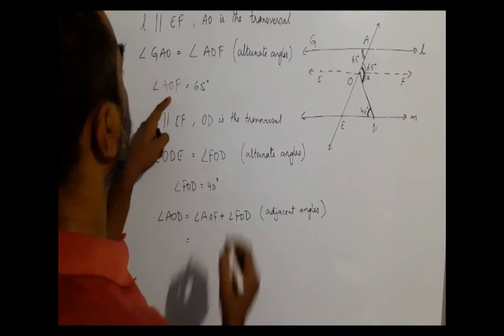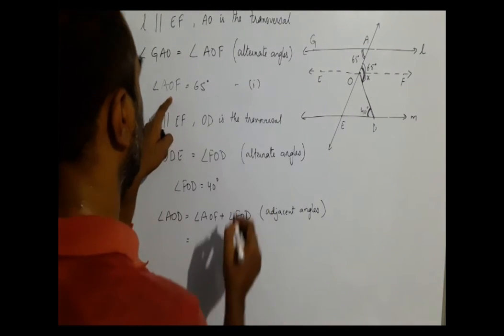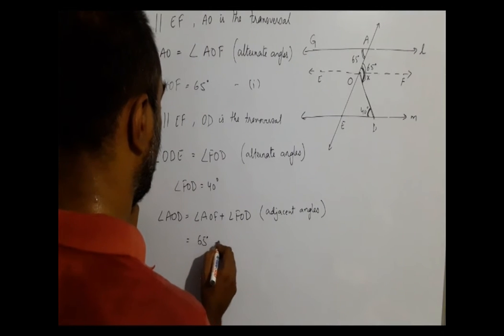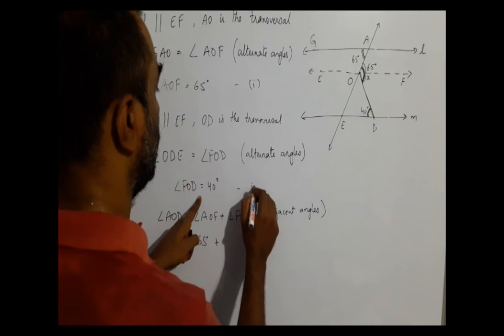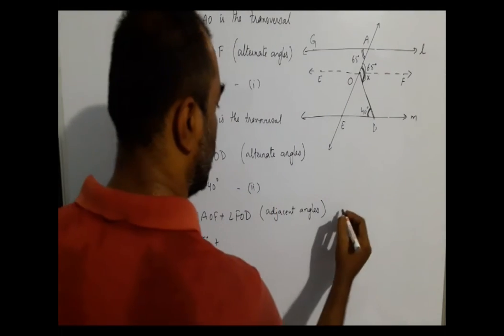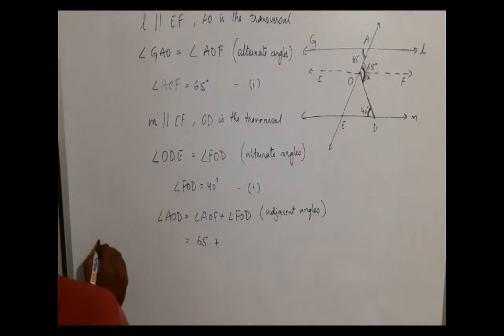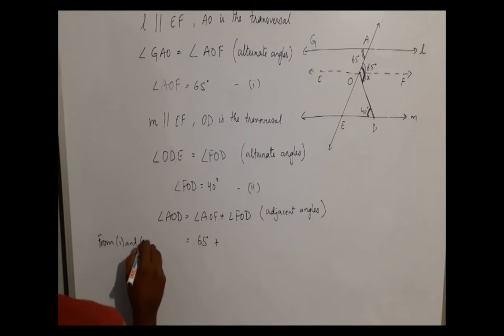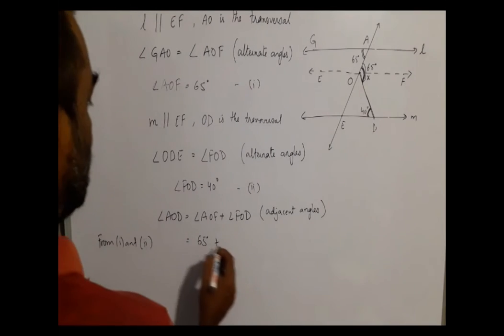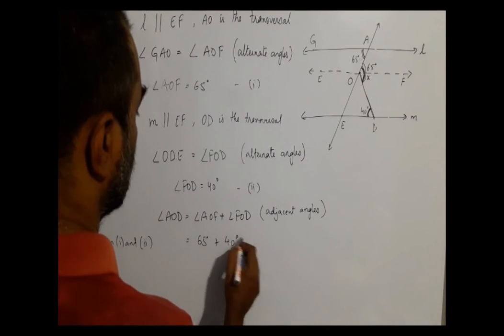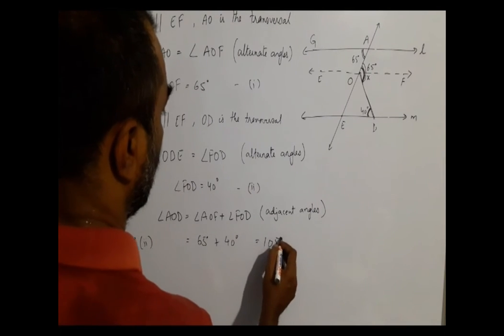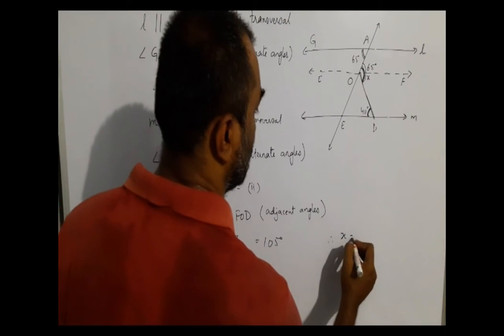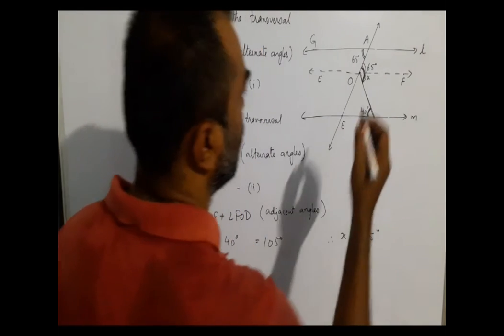AOF was 65 and FOD was 40, so from 1 and 2, this angle is 65 plus 40, which is 105. Therefore, X is equal to 105 degrees.